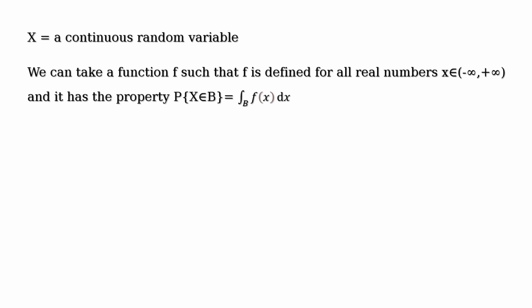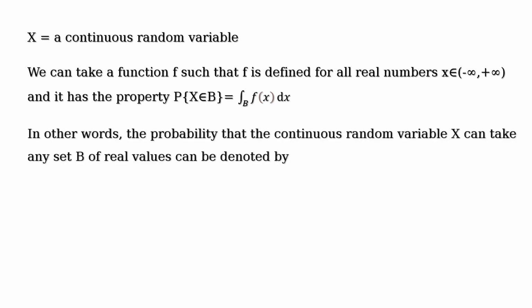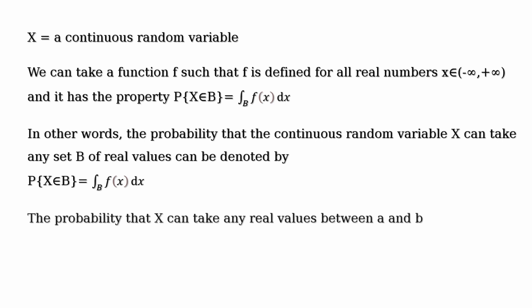In other words, the probability that the continuous random variable X can take any set B of real values can be denoted by probability X belongs to B is equal to the integration over B of fx dx. The function f is called the probability density function of the continuous random variable capital X.